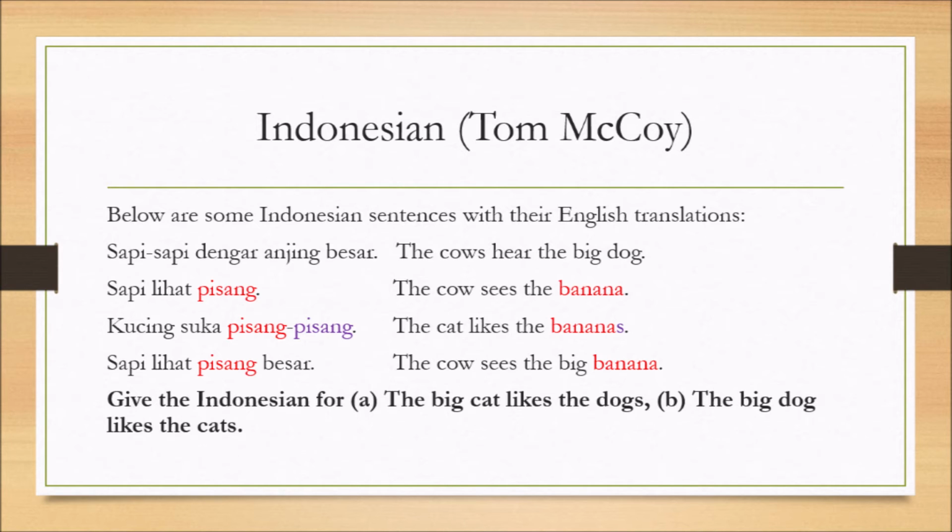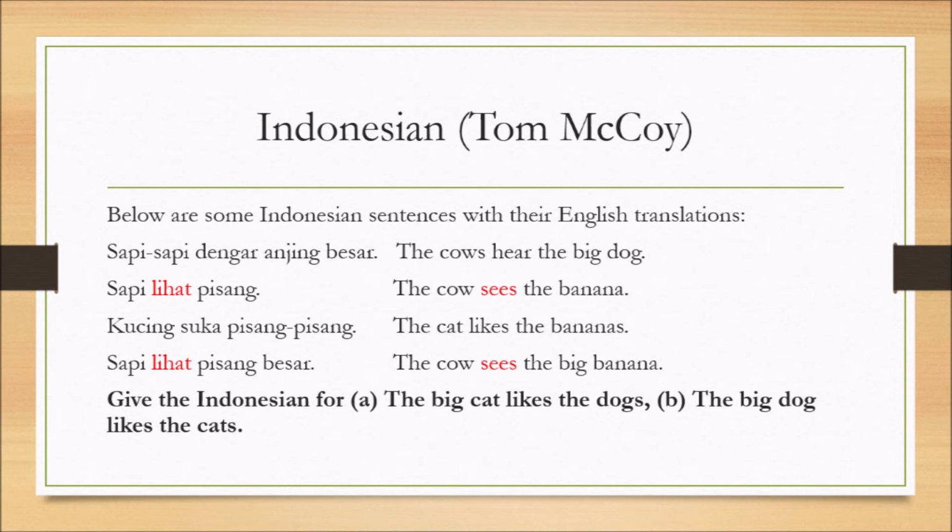This is actually pretty common, and you can make a hypothesis that the way of forming at least certain plurals in Indonesian is by doubling or reduplicating, as it's called. You can check this hypothesis by looking at the other plural here, the cows, and you'll see sapi-sapi in the Indonesian. So that hypothesis was probably right.